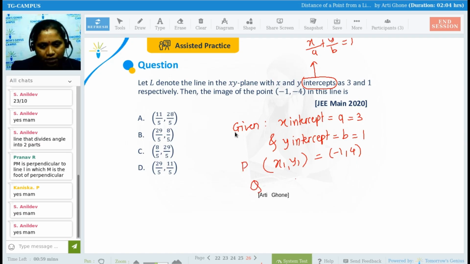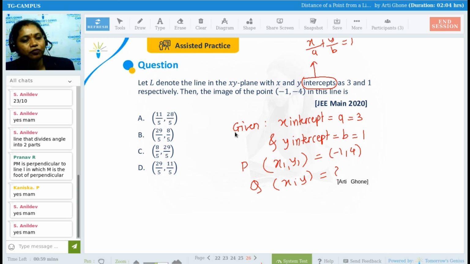And what is asked? Q(x, y) is asked. A very straightforward question was asked in JEE Mains 2020, and how simple the question is. We know the formula of image directly.